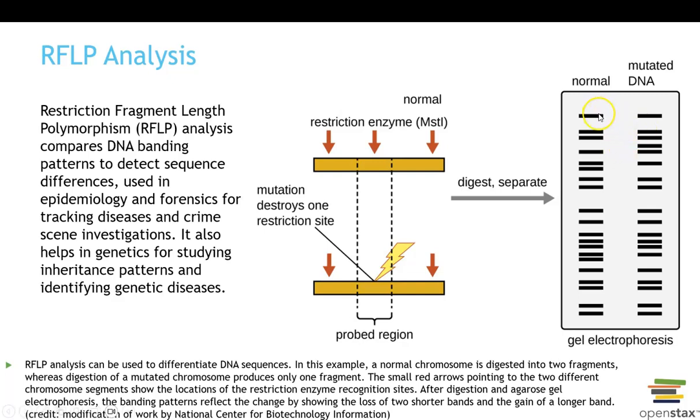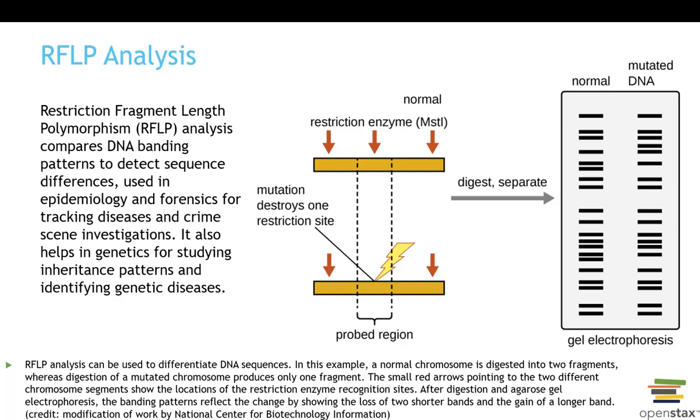Then they compare the pattern of the DNA sample from the crime scene with the pattern of the DNA from the gene bank, and they can identify who did the crime. So it's very common in forensic science to track criminals.